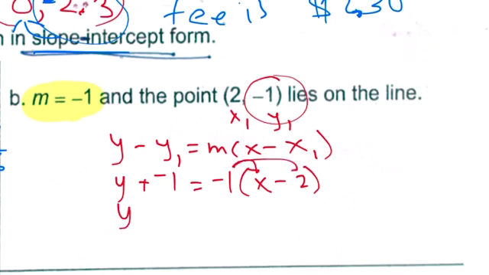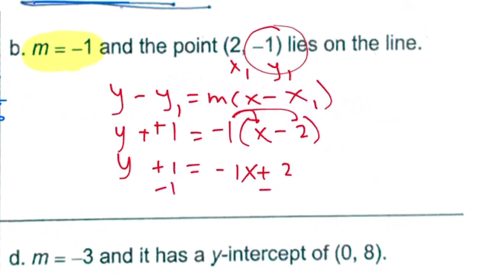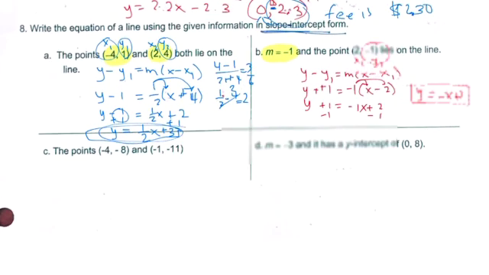So y, that's a plus 1, equals negative 1 times x, positive 2. Make sure you don't forget the x like I just did there. Minus 1, minus 1. So you get y equals negative 1x, or just negative x, right? 1 is invisible. Negative x plus 1. So there you go.